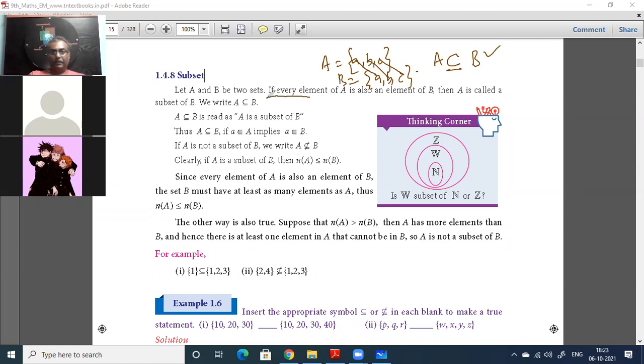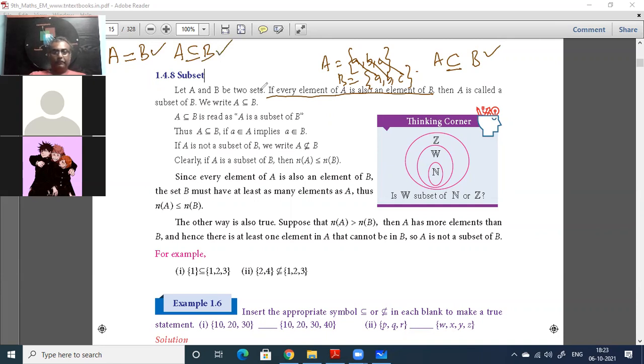See, if you define it from only one side, then it is a subset. Uncle, then what is the difference from an equal set? Because an equal set also has the same elements only. Exactly. Here, A is equal to B, and A is also a subset of B. Both are true in this case.